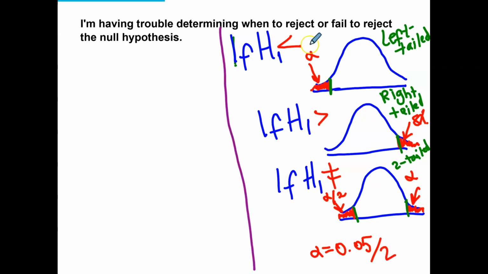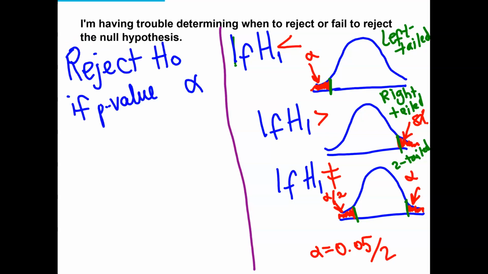How do we know when to reject or fail to reject the null hypothesis? Now let's answer this question. We reject the null hypothesis if the p-value is less than or equal to alpha.